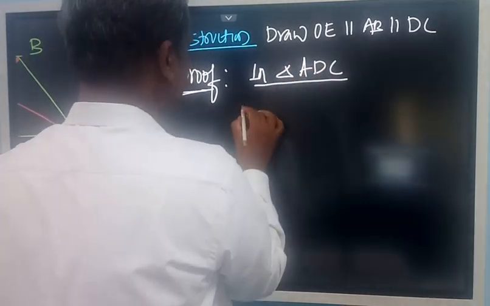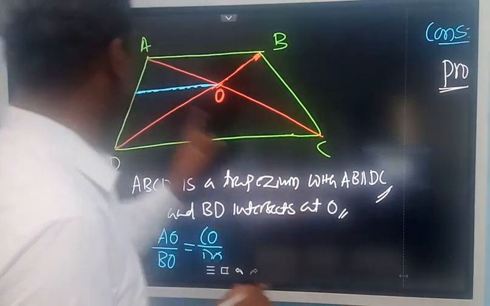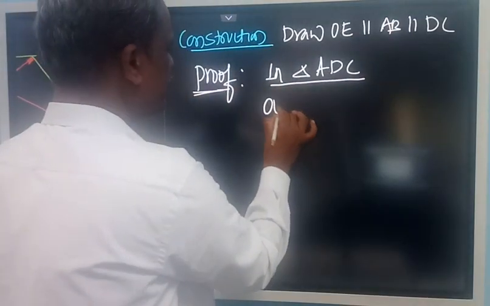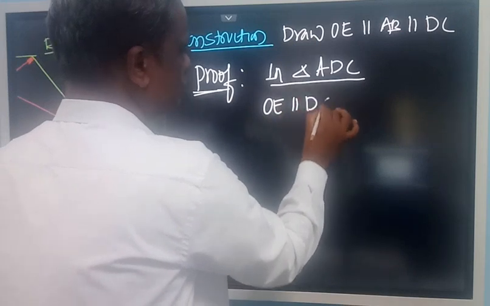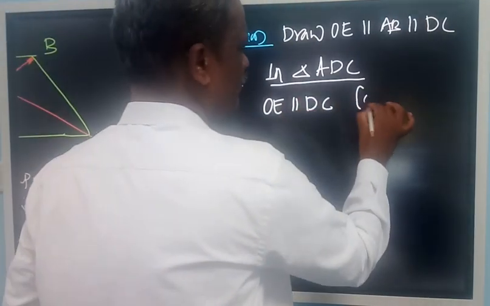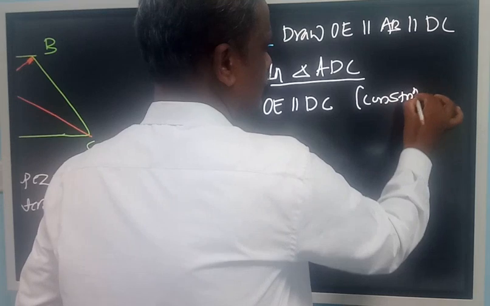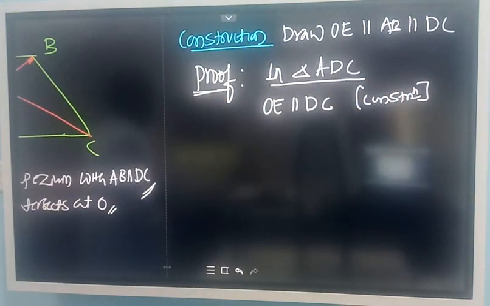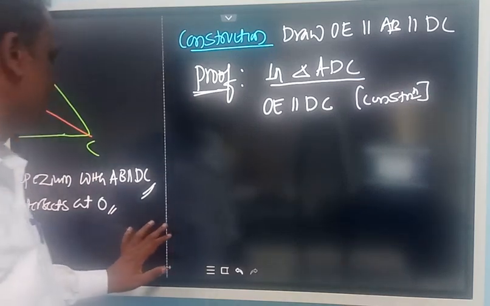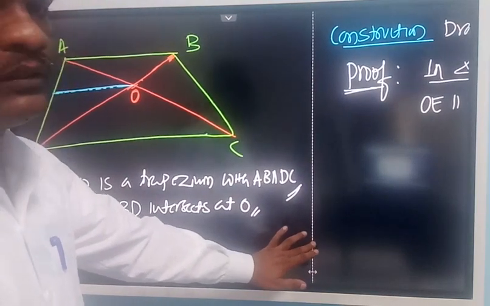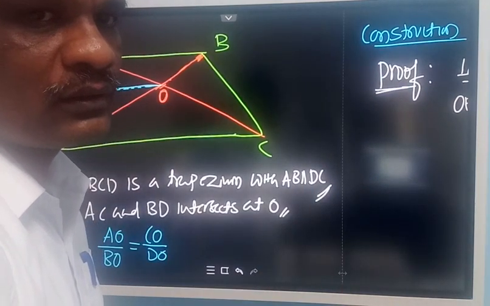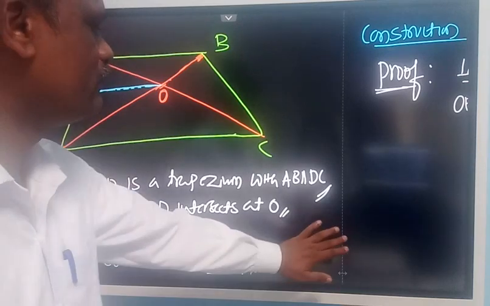In triangle ADC, we have by construction OE parallel to DC. So therefore, the lines are divided in the same ratio. You can write by Thales theorem.